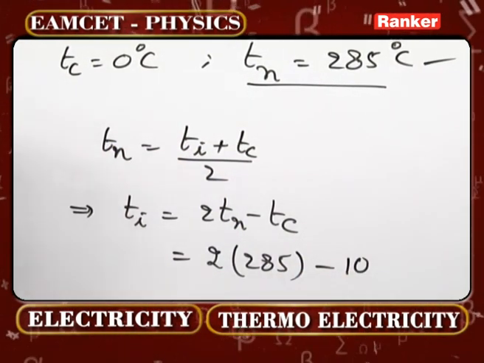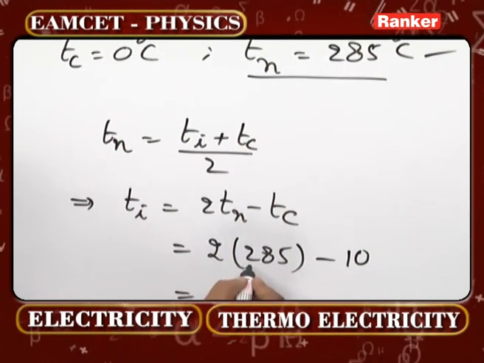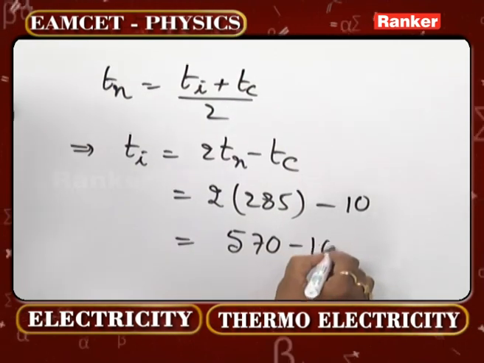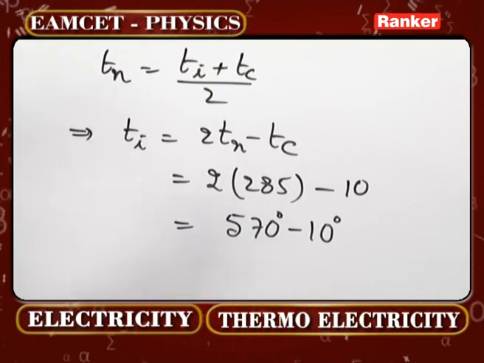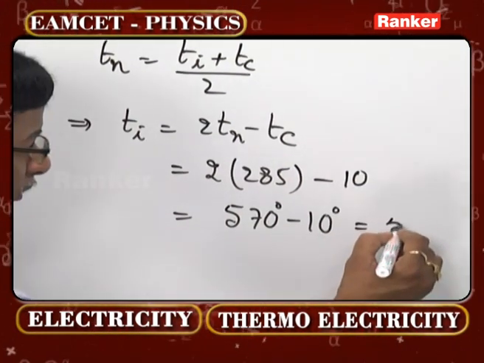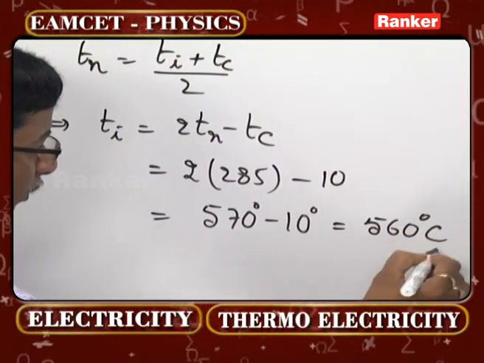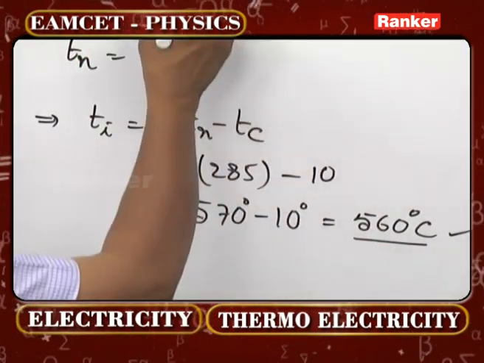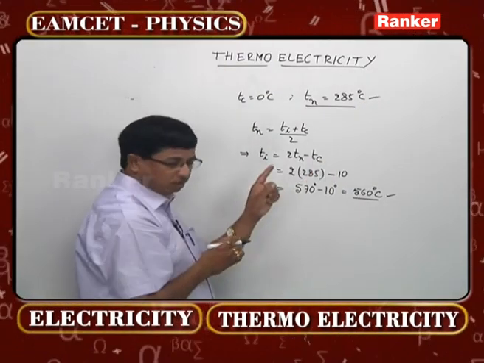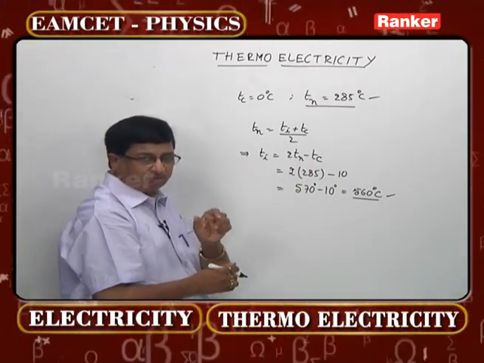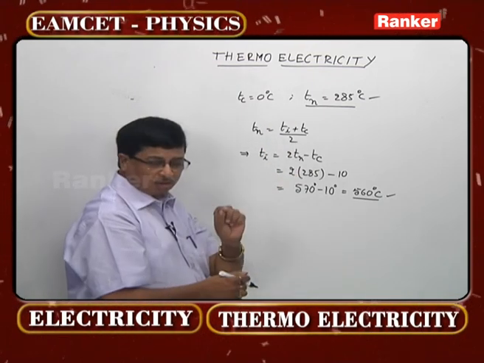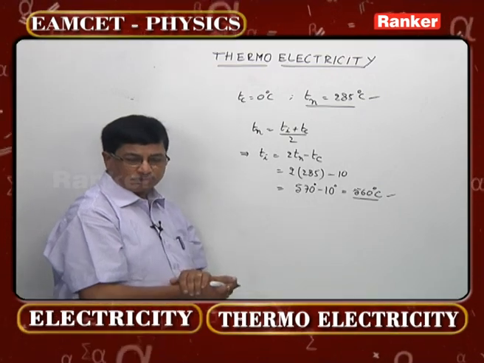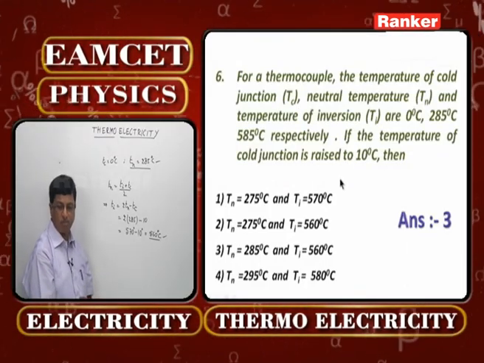It is given 10. So you will be getting 570 minus 10. Of course in degrees only we are getting. So what will be this answer now? 560 degrees centigrade. So inversion temperature will be 560. Neutral temperature must be 285. Whichever option that is having both the values, that option is the right option for us. That is the third option, which is the correct option for this question number 6.